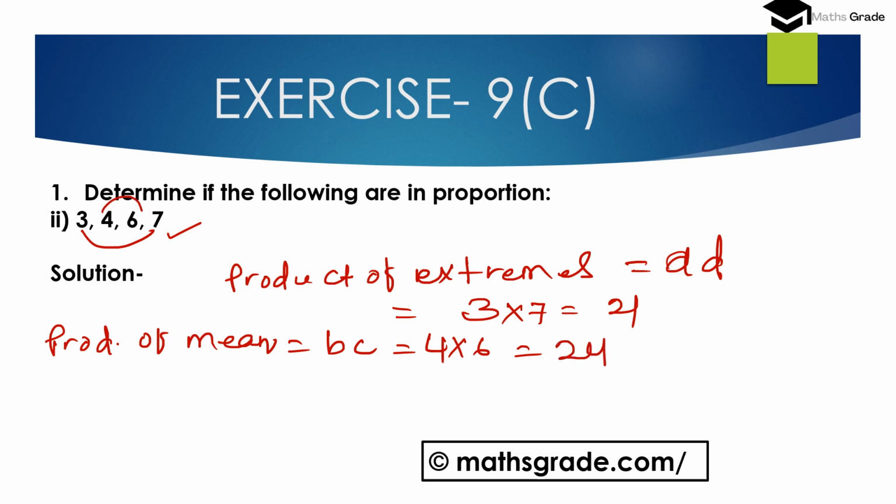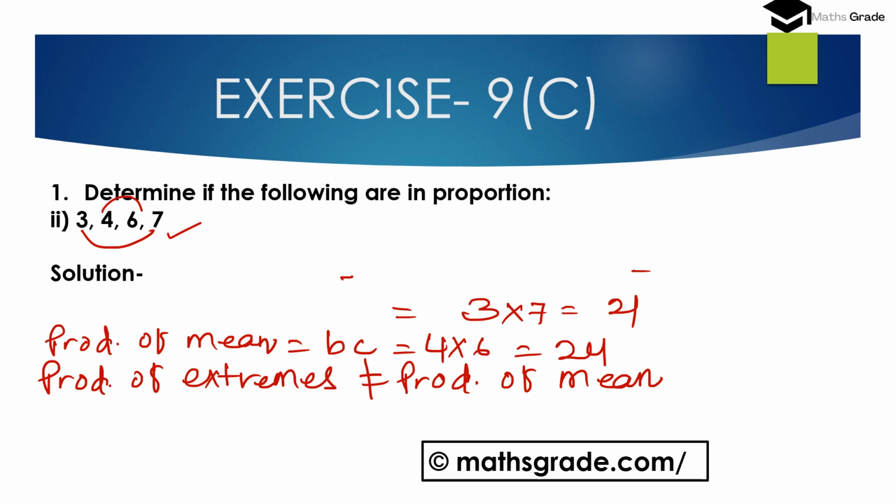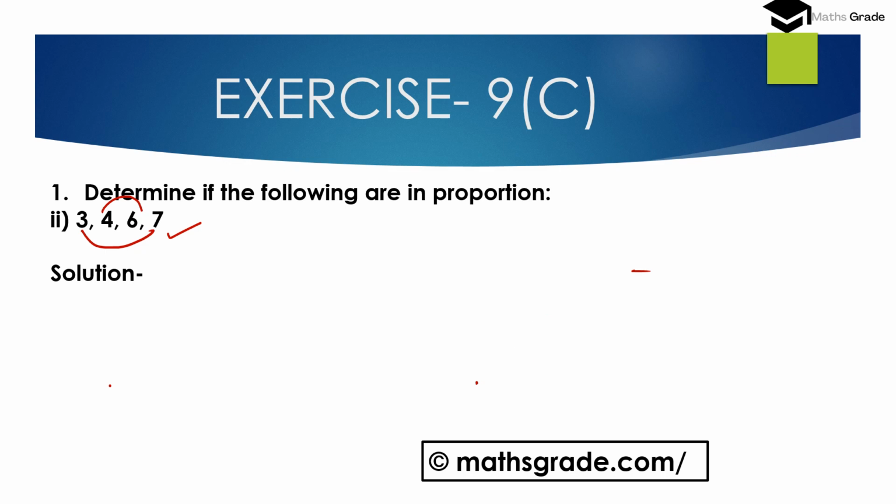Here product of extreme is not equal to product of mean, that is AD is not equal to BC.